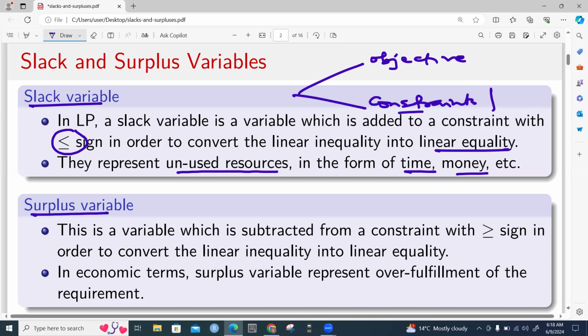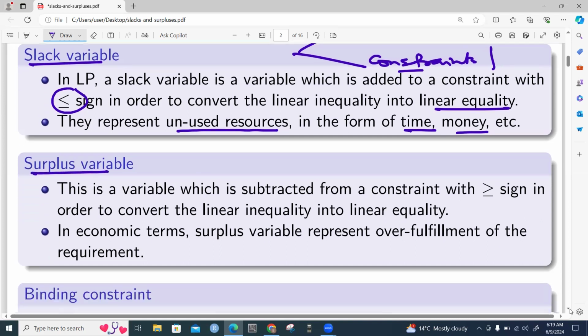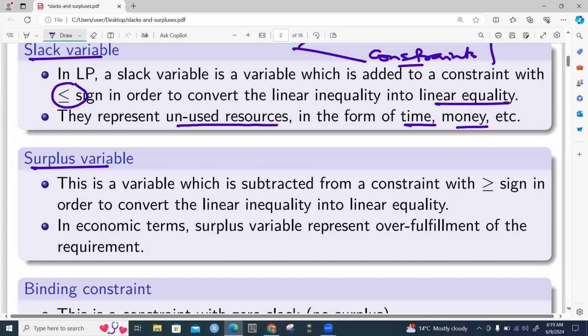On the other hand, a surplus variable is one that is subtracted from a constraint of the type greater than or equal to, again with the same intention of converting it into an equation. What this means in the context of linear programming, in economic terms, is that a surplus variable represents over-fulfillment of the requirement, from the word surpassing.